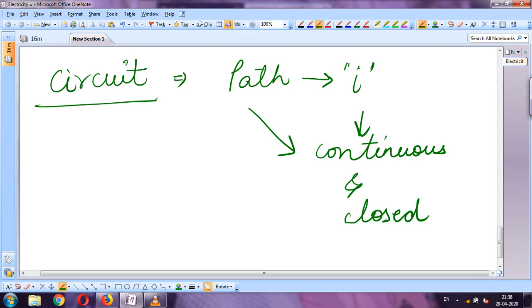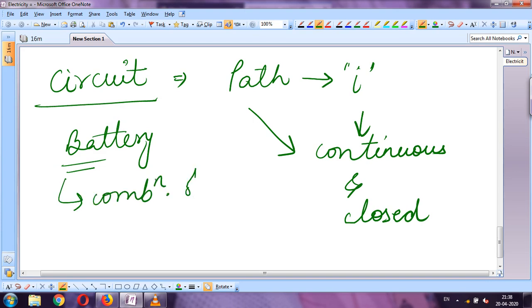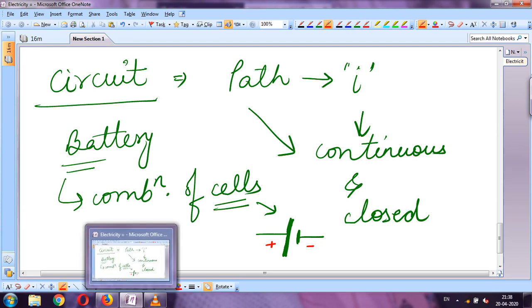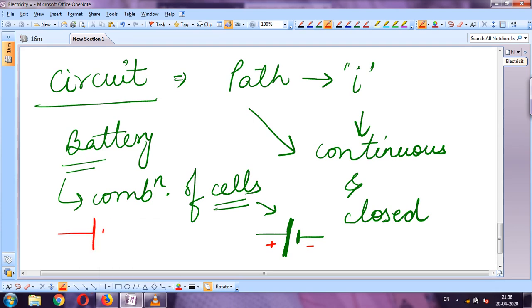Let us see what a battery is. Next topic will be what is a battery. Battery, children, remember, it is a combination of cells. A cell is represented like this: one edge longer and the other edge shorter. The longer edge represents plus, the shorter edge represents minus. If you make combinations of this cell, then the combination will be like this.